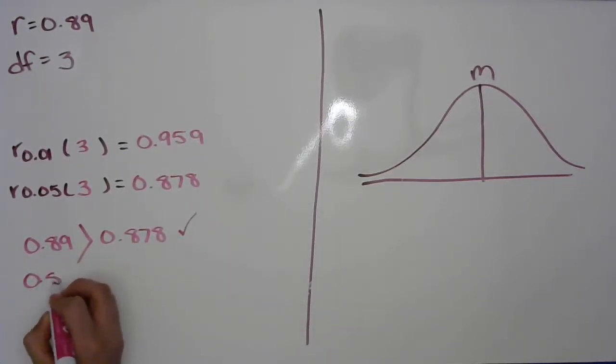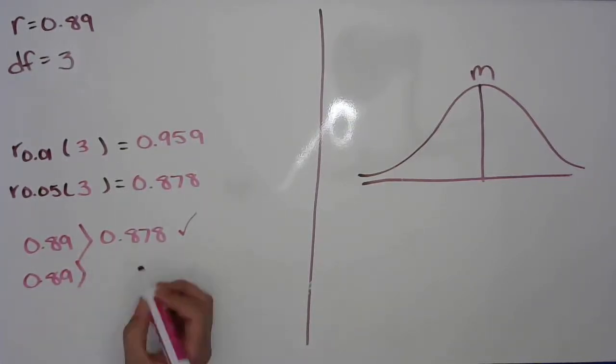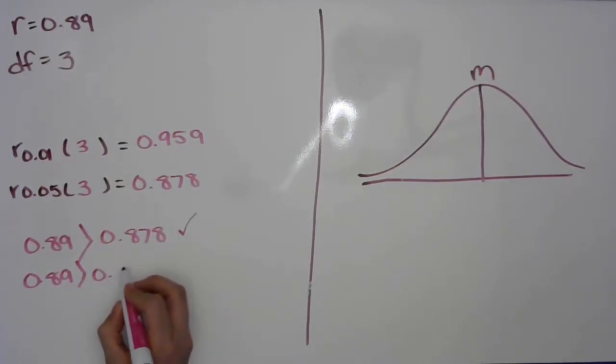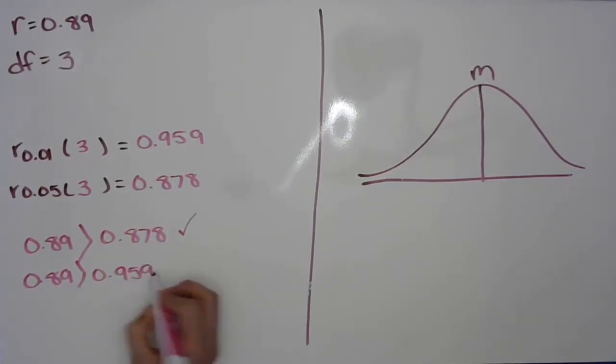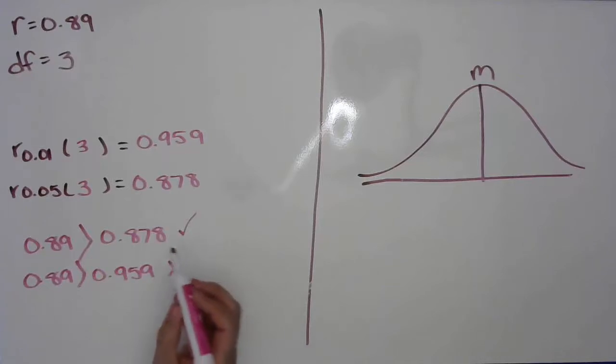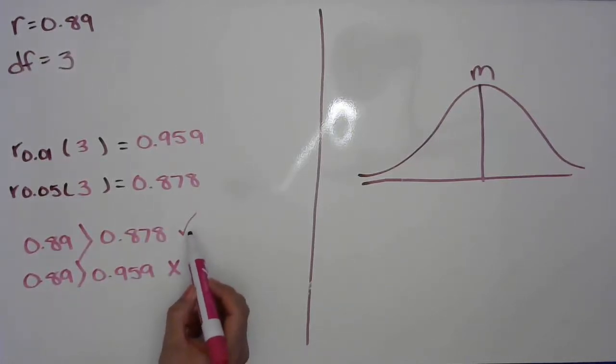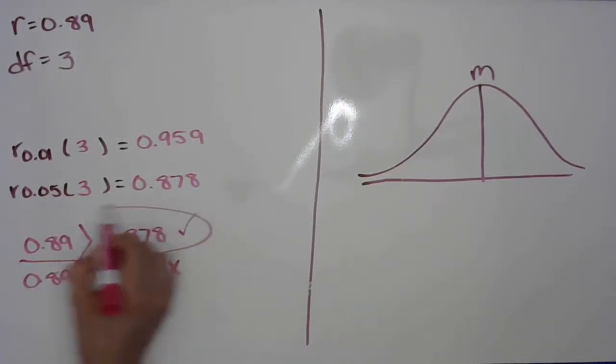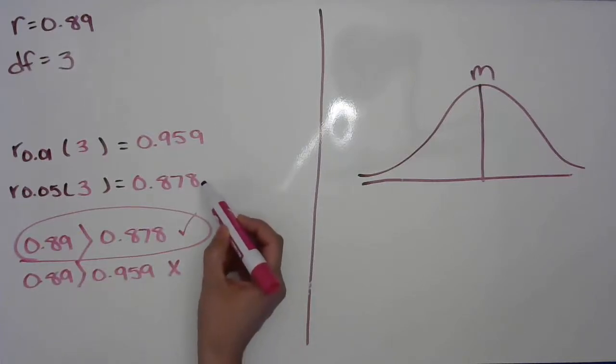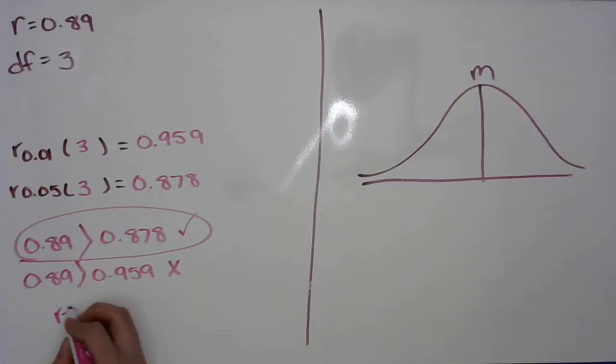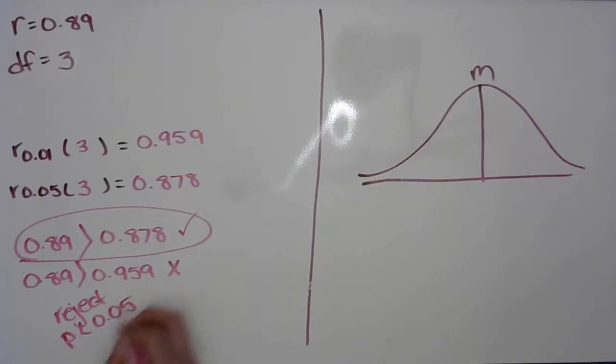Is 0.89 greater than 0.959? No, it is not. So since it is greater than this value here, and this value is at the 0.05 level, that means that, yes, we can reject P less than 0.05.